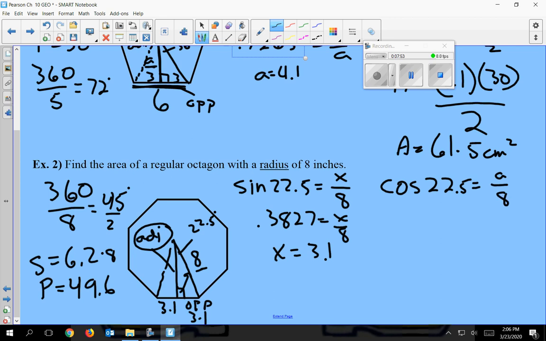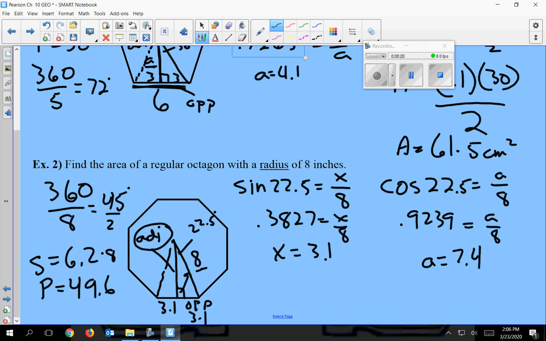Okay, so once again, you can pause it and do a little bit of your math. Cosine 22.5 gives me 0.9239. That equals the adjacent side over 8. Once again, if the number's in the bottom, I can go ahead and multiply. And I'm going to get the apothem is approximately 7.4.